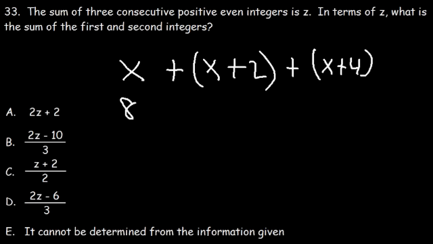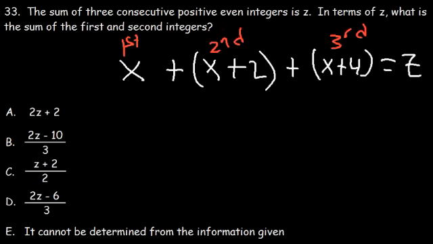Now, the question stated that the sum of these three consecutive even integers is equal to z. So that's the equation that we have. And somehow, with this equation, we need to find out what the sum of the first and second integers is in terms of z. So here's the first one, this is the second, and this is the third.